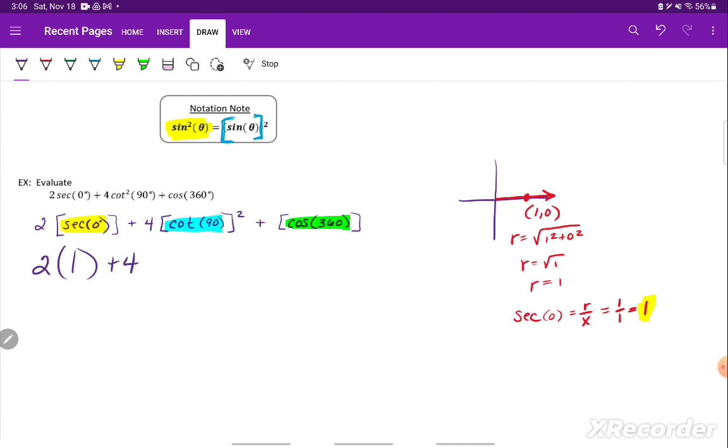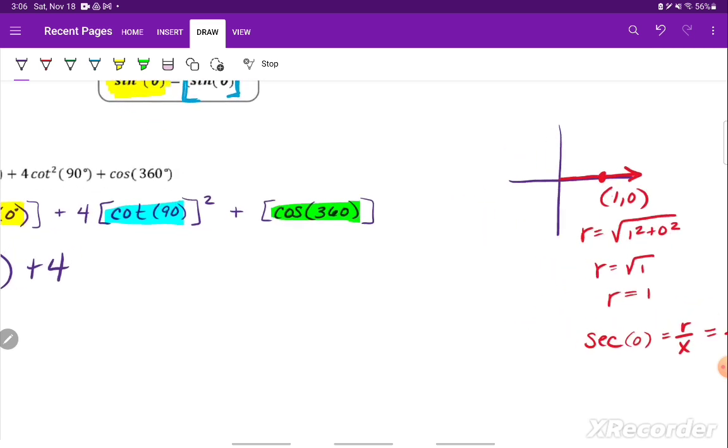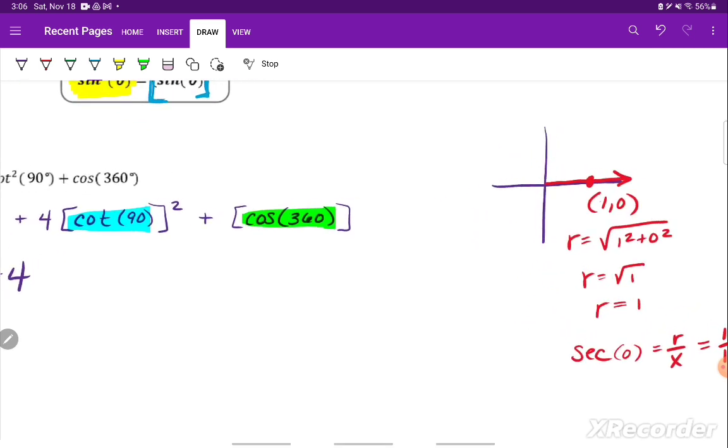And now I'm going to go on and find cotangent of 90 degrees. Alright, so 90 degrees, right, straight up. Just need an ordered pair, so I'm just going to pick a point. And again, why not make my life as easy as possible? I'll choose (0, 1). You could use (0, 7) or something like that if you wanted to, but I'm going to keep my numbers small. There's my x value and there's my y value. I just need to find the r value.